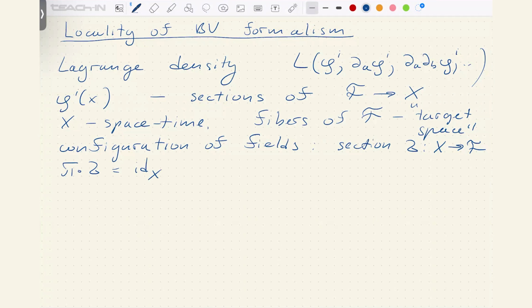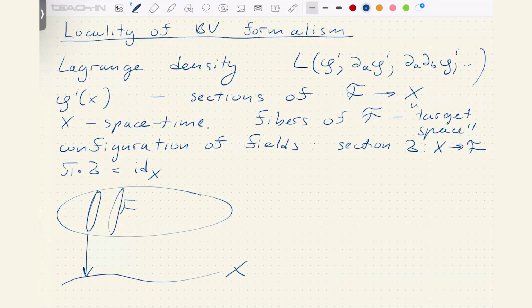So the picture is like this, right? We have our F, we have our X. So there is a projection, and there are fibers. These are points which are projected to a point, so these are fibers. This is pi. And a section is a map from X to F, which means it's a submanifold like this.